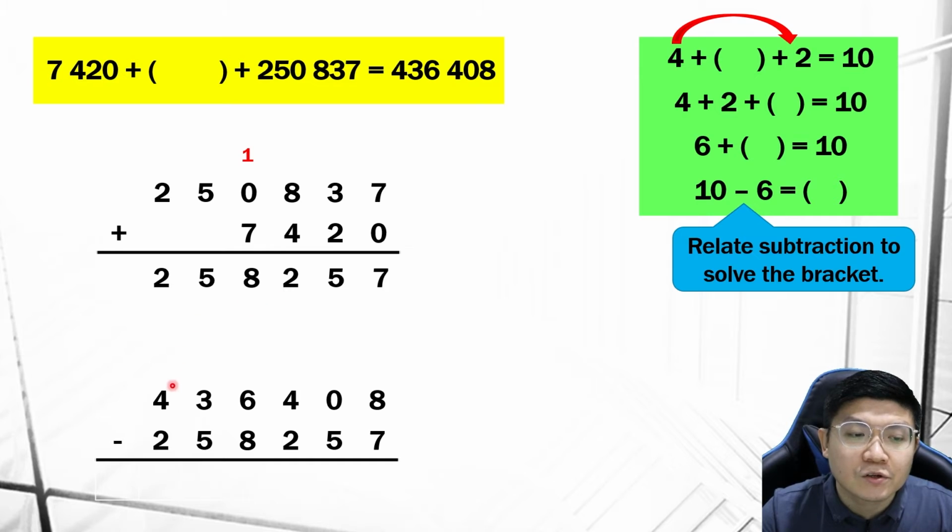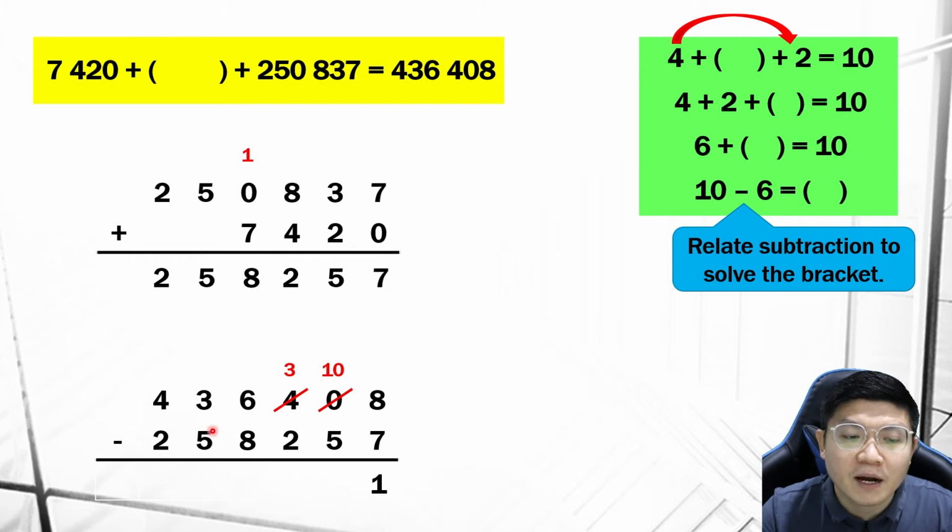So 436,408 minus 258,257. Starting from the ones here, 8 minus 7, which is 1. 0 minus 5, not enough, so you borrow from here. So 4 becomes 3, and the 0 becomes 10.